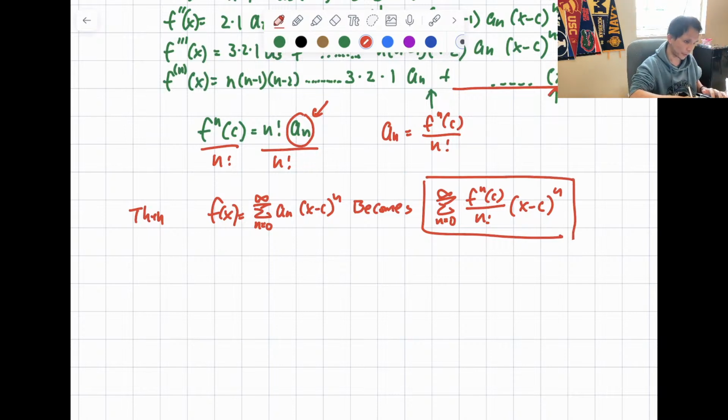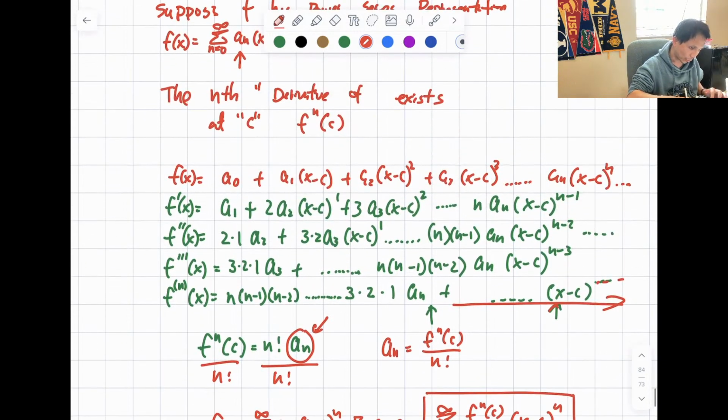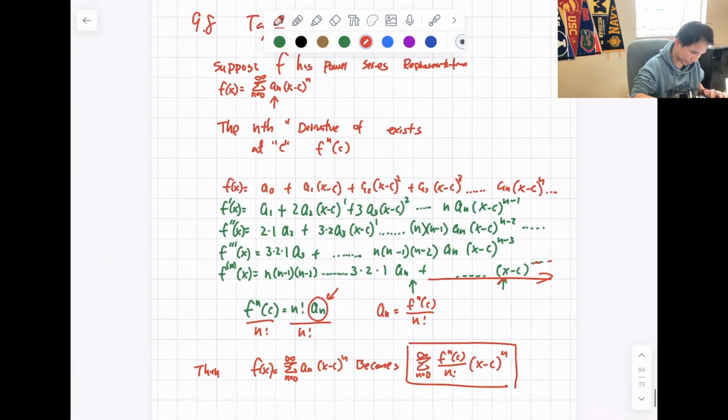Again, I'm going to start from the top. We have a power series, and we write out the first, I don't know, 4 or 5 terms. Now I'm taking one derivative, a second derivative, a third derivative. Once I get to the third derivative, I start looking at the pattern. What's the pattern?